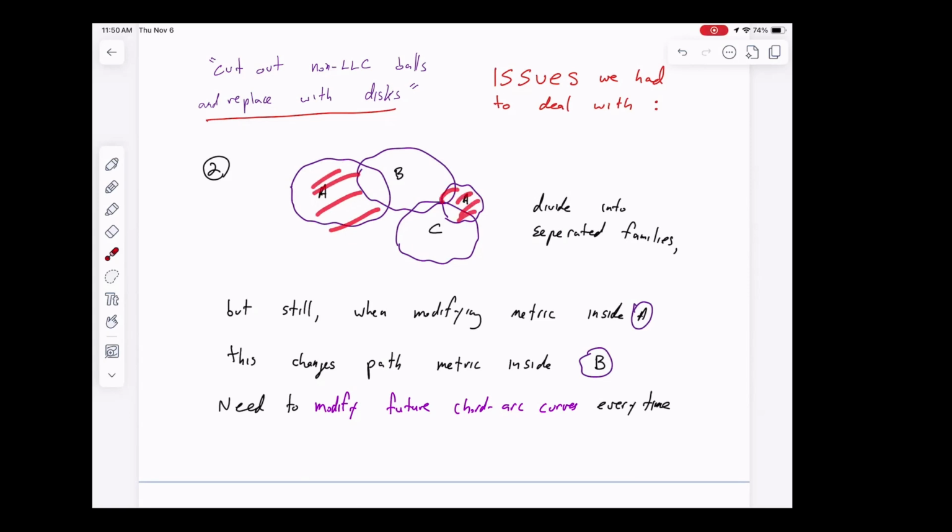They don't really interact with each other, but then I had this chord arc curve, and all of a sudden I changed the metric here. So I now need to change this chord arc curve somehow, and make sure that I get a new chord arc curve. So every time I've changed the metric here, I need to go over all the other chord arc curves that I haven't yet dealt with and replace them.